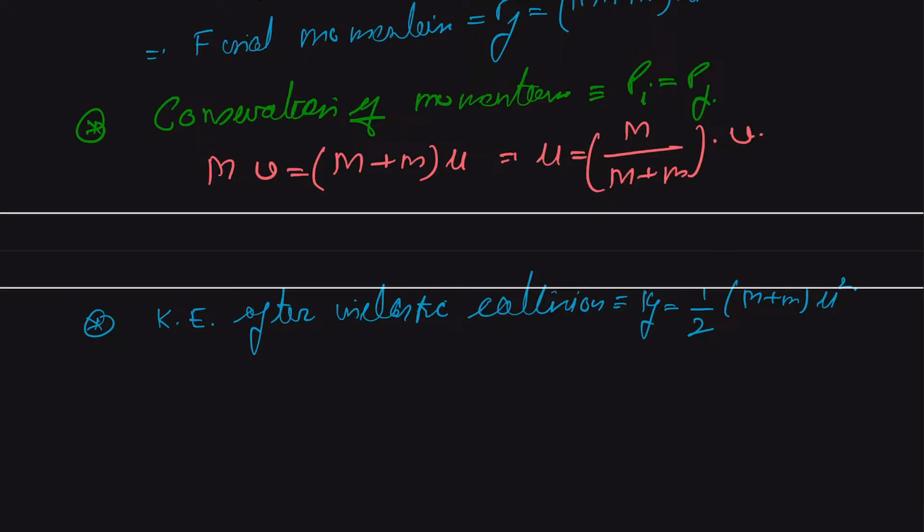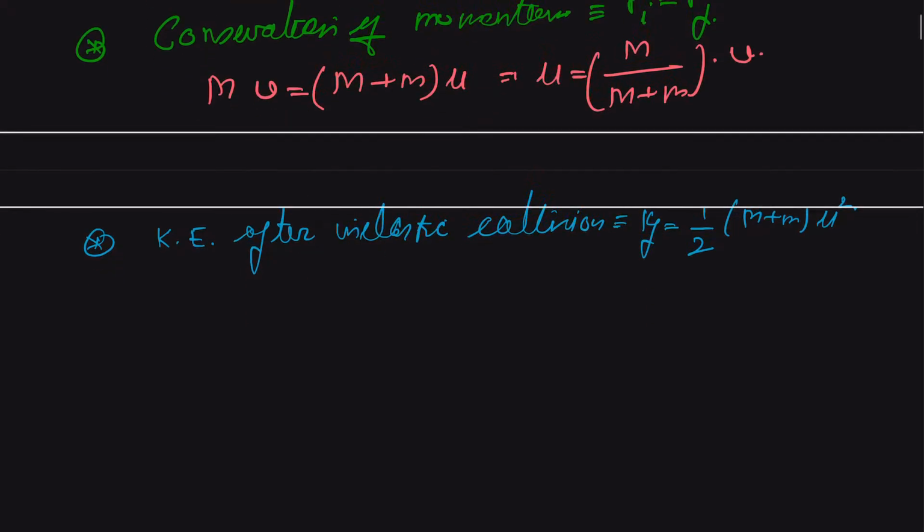And we can substitute the value of u, so we get our final kinetic energy is equal to half M plus small m, and u is M over M plus small m times v.